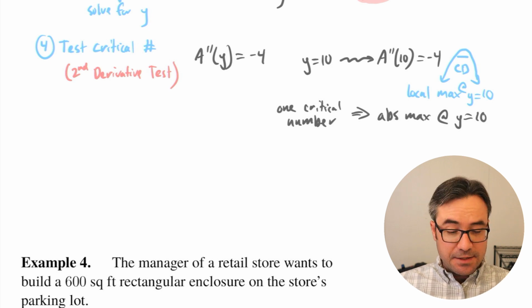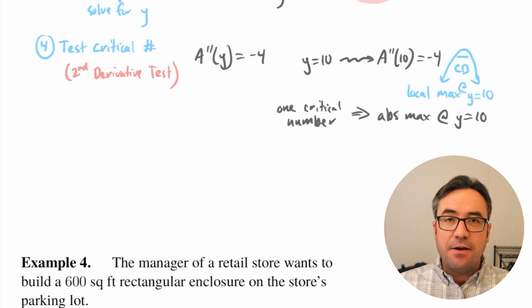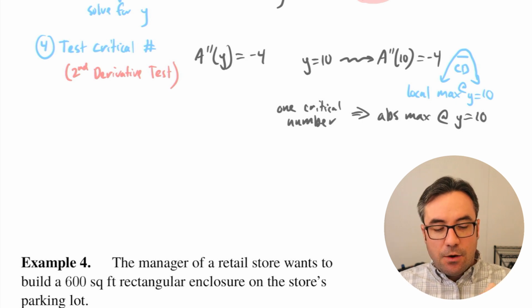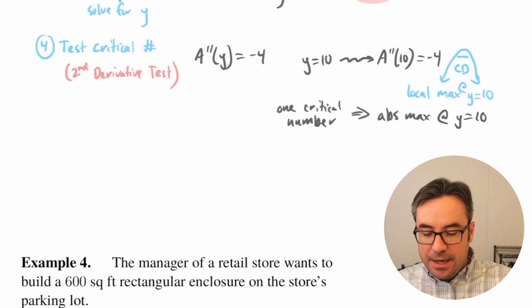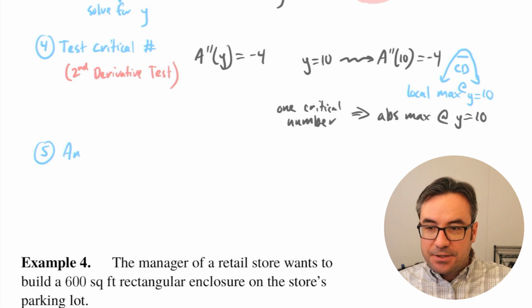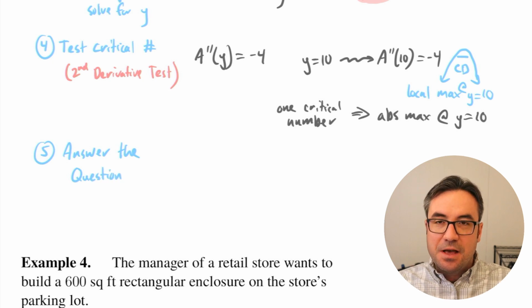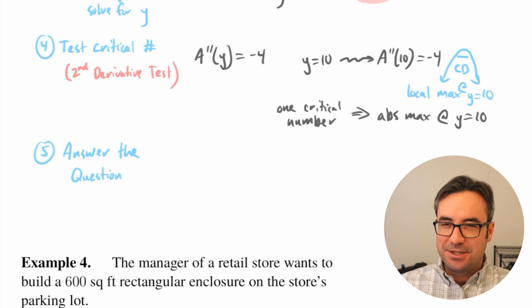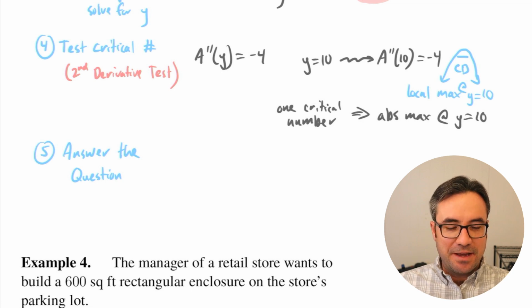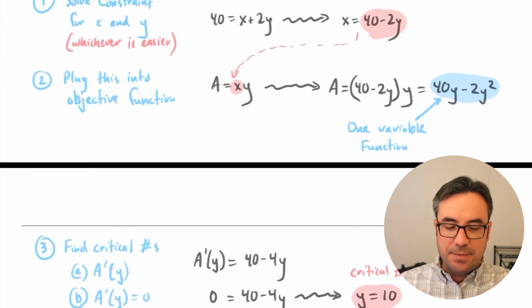All right, and we've basically done the heavy lifting here. And now all that's left to do is make sure we actually answer the question. This is kind of like the gotcha part. Just make sure you get everything in there that the question's asking for. So what were we trying to do ultimately?